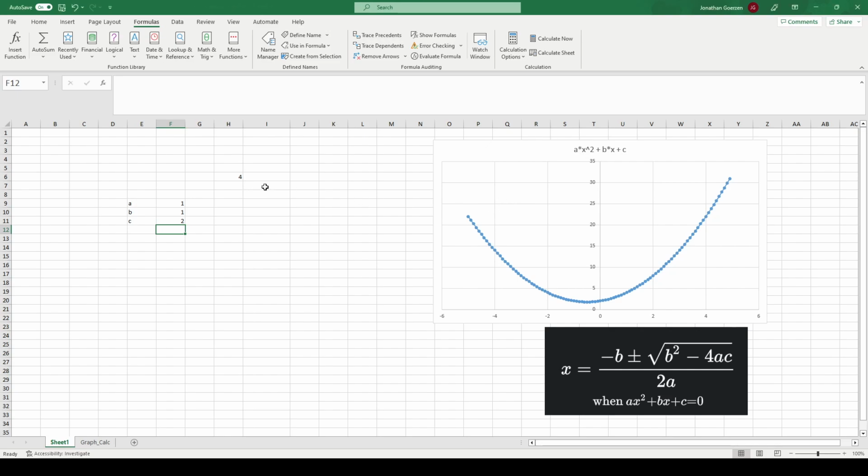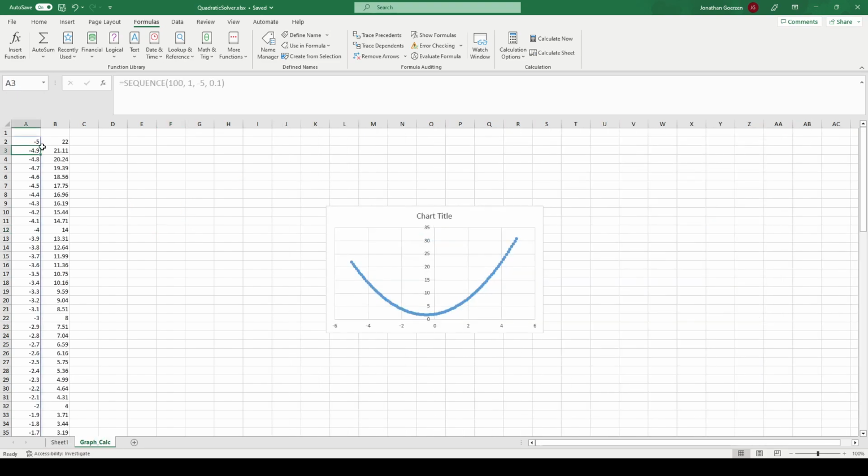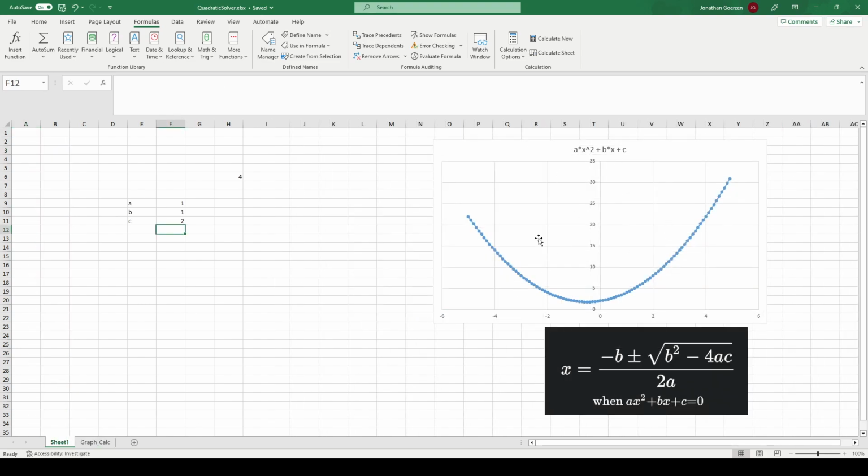The other thing that I've done to set this up is I've made the calculation ax squared plus bx plus c, a typical quadratic function. I've made it on the other sheet so that it actually calculates the values and spits it out onto a nice graph so that we can keep track of what we're doing.